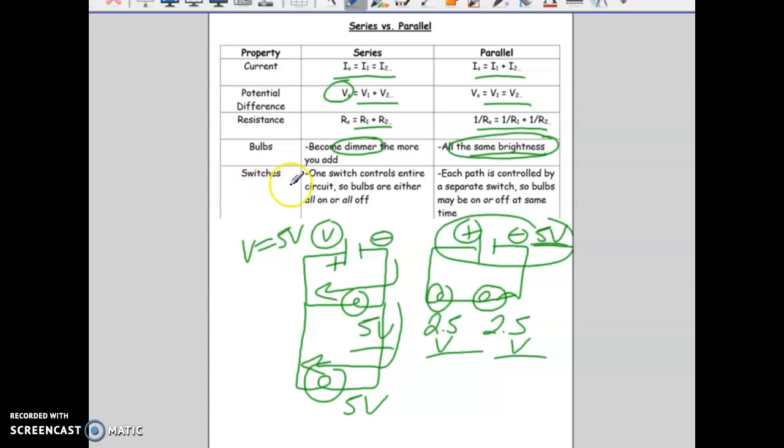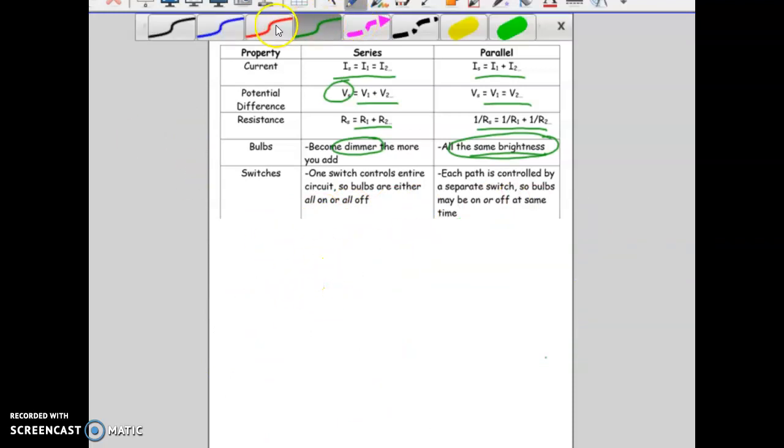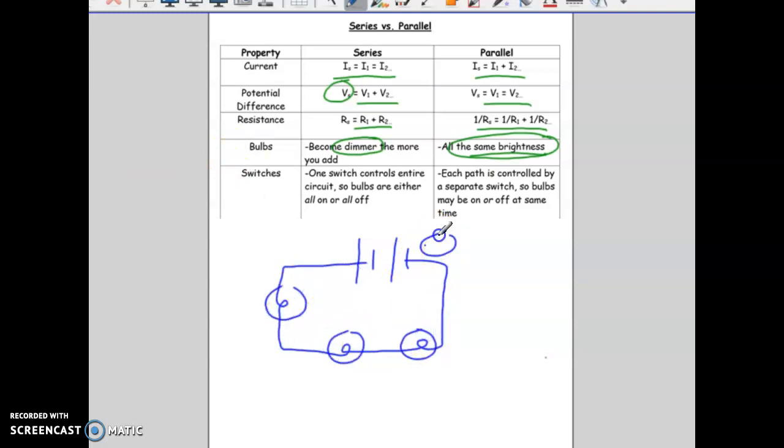Okay, in terms of switches, let me clear this up. For switches, where the switch is located is actually very important. For a series circuit, it actually doesn't matter.